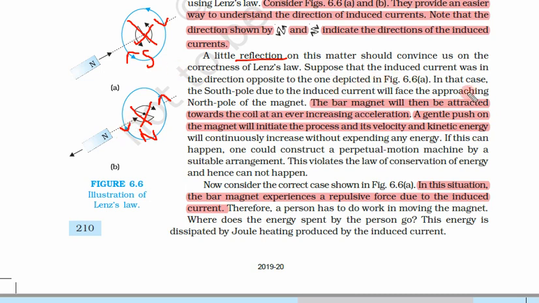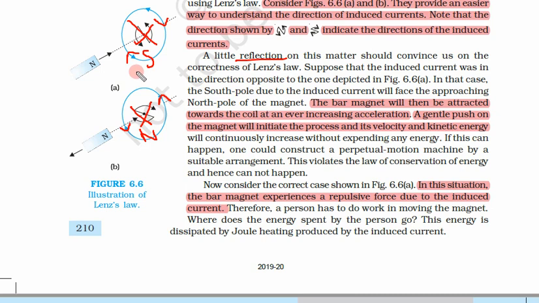So in this first figure, in that case, the south pole due to the induced current will face the approaching north pole. So we see the south pole is towards the north pole. In that case, what will happen? The bar magnet will then be attracted towards the coil, that we know. The north side will be attracted towards the south at an ever increasing acceleration, because as it comes close, the speed will increase, that means acceleration will increase.